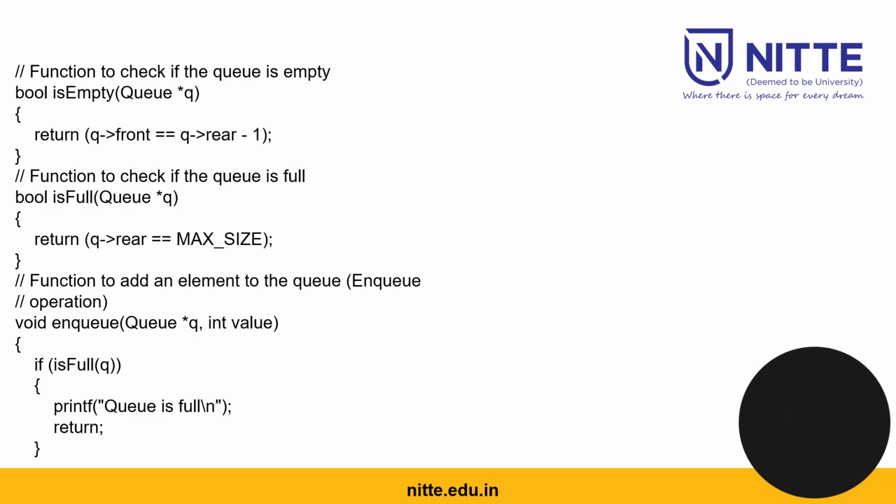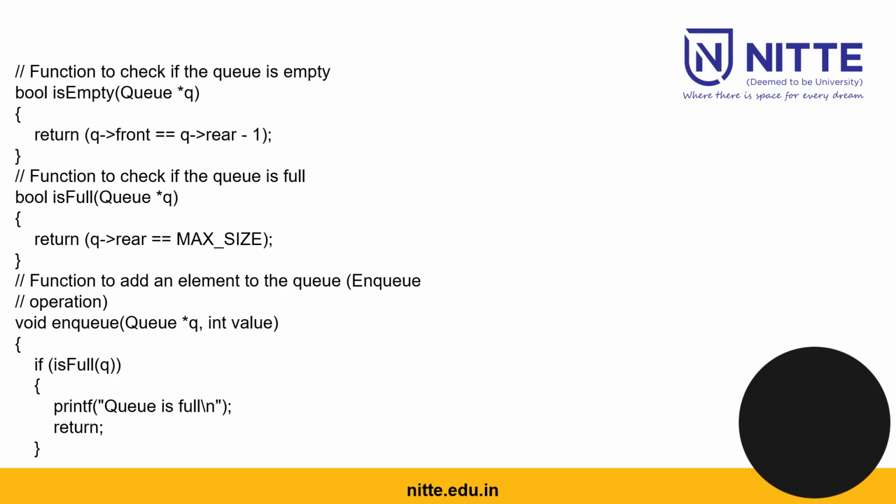That means if the rear value is equal to what? Maximum size means we have elements up to what here? Maximum size of the Q, which is the index of the rear node. That means what here? The Q is full. So this function will check that.